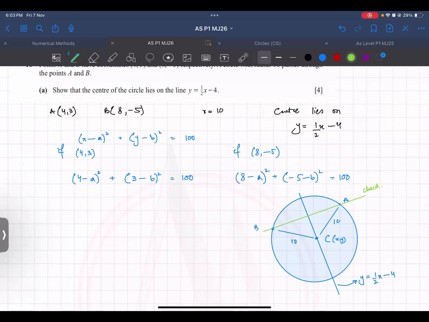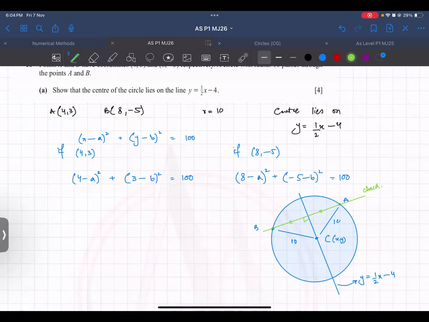And if there is a line which is passing through the center, it means this is a perpendicular line to AB, because we know if from the center of the circle we drop a perpendicular line, it will bisect the chord, isn't it? Let me confirm this.